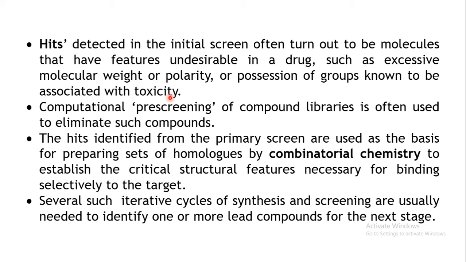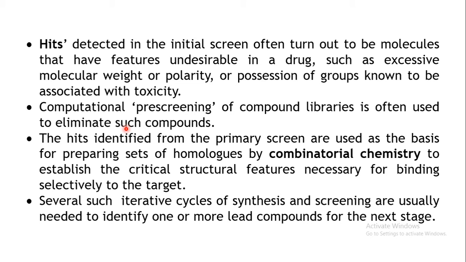So several such studies have to be done to identify the best lead compound. Some computational pre-screening is supposed to be done to eliminate the inclusion of such compounds which may not have desirable property as a drug.